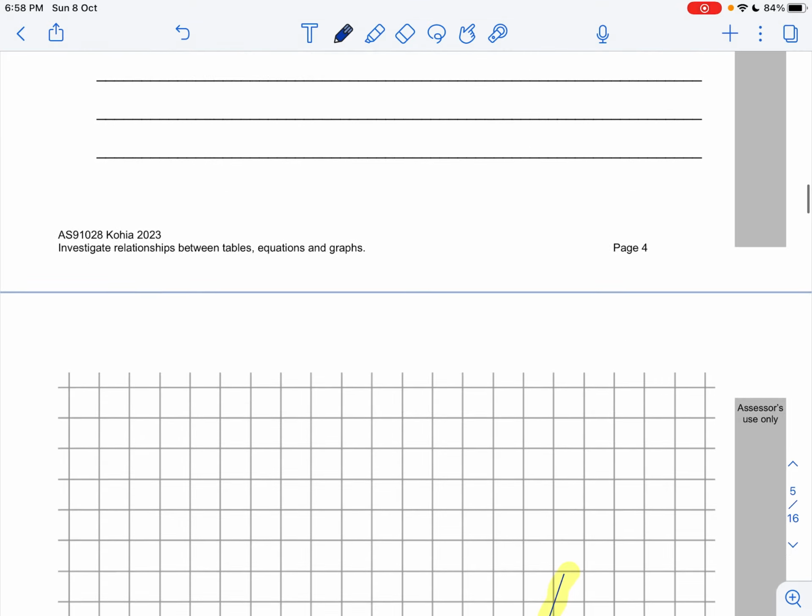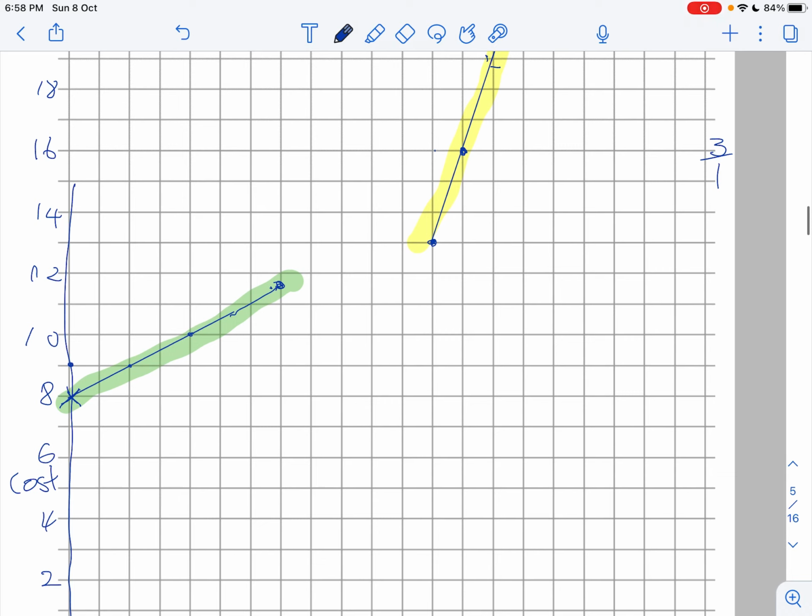is y equals x plus 6. So our y-intercept is at 6, and our gradient is 1. So that's 1 over 1, so for every one I go across, I'm going up 1. And so we can just draw that through there.